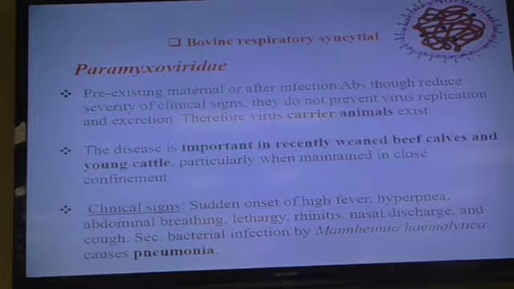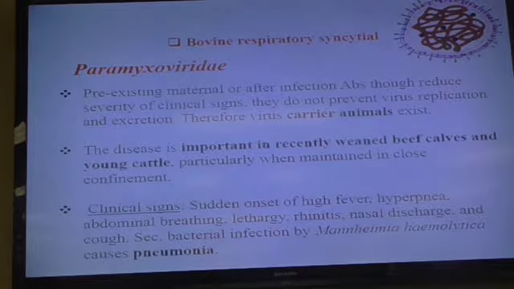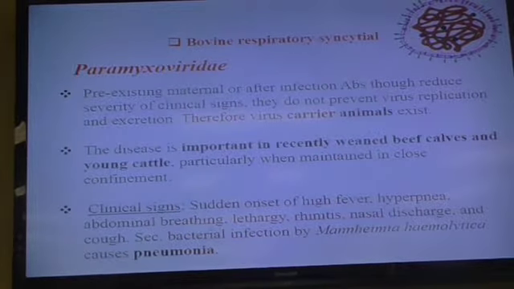The same bacteria that we saw complicating winter dysentery, Mannheimia haemolytica, can also complicate this virus infection, causing pneumonia.